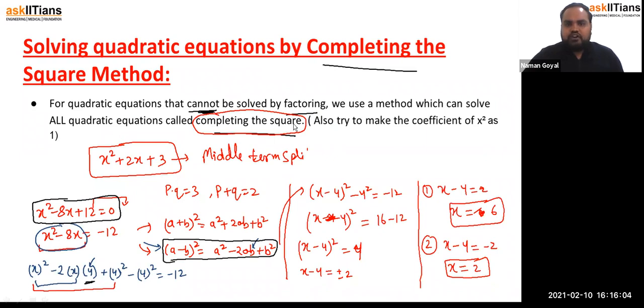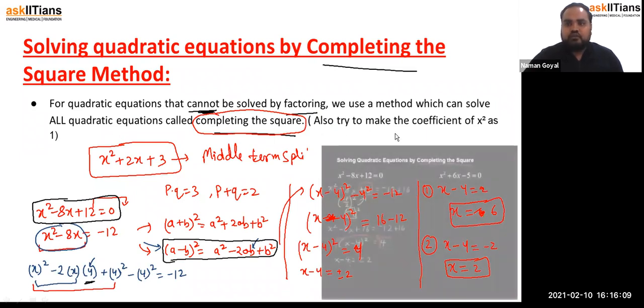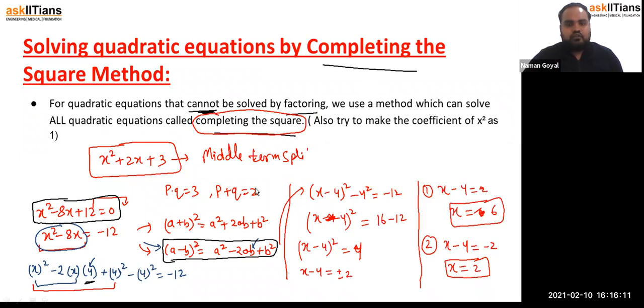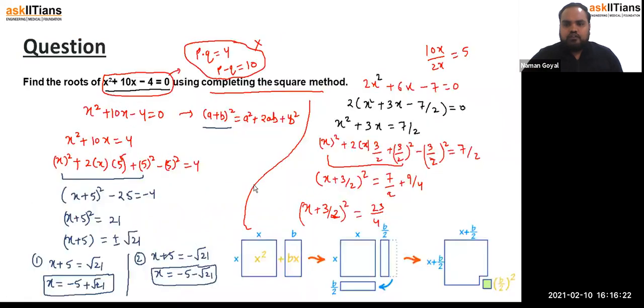We are done with the completing the square method, and also with trying to make the coefficient of x square 1. In the question we just did, we used that concept. So we factorize this equation and we solve for the roots. Now see, this is plus 4.